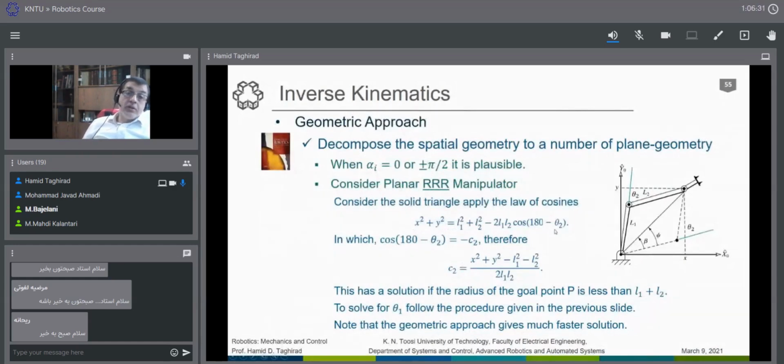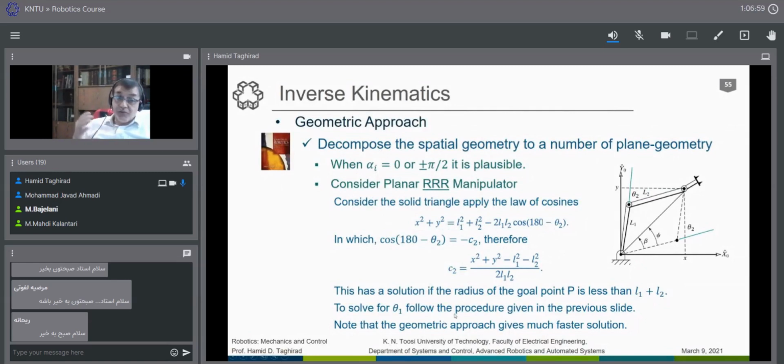There are some other geometric approaches here. And it is interesting, as Zahra has worked out before, we have this geometry not only for the planar case, we have spherical geometry as well. If we are working on a sphere, then we have spherical trigonometry and spherical geometry to be used for that kind of robot.